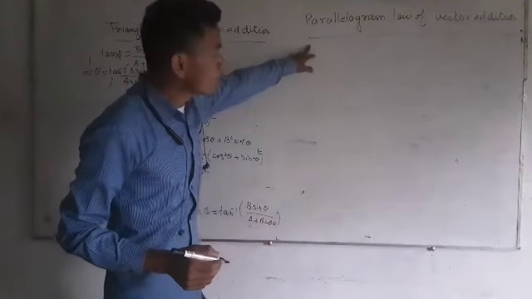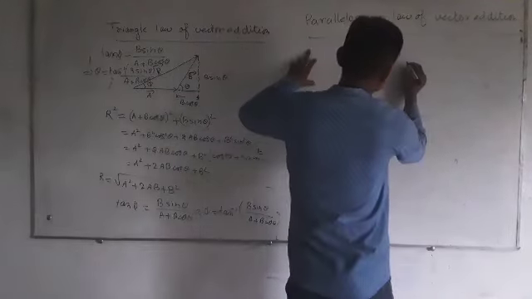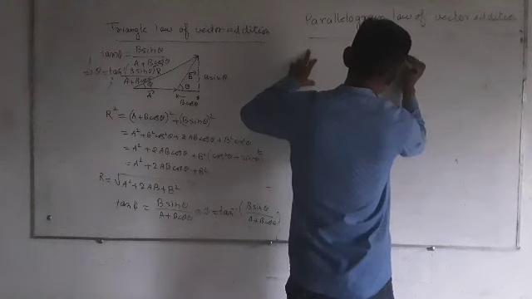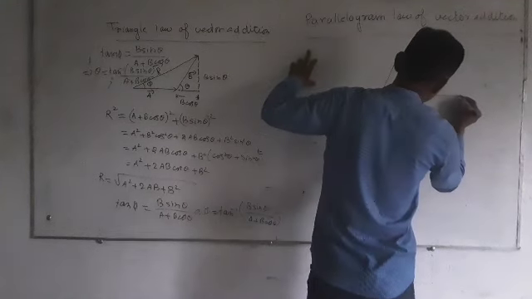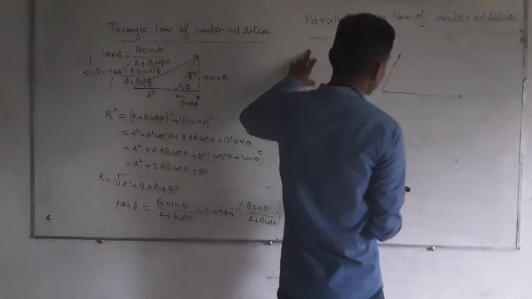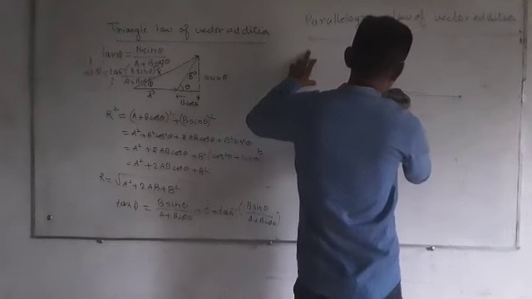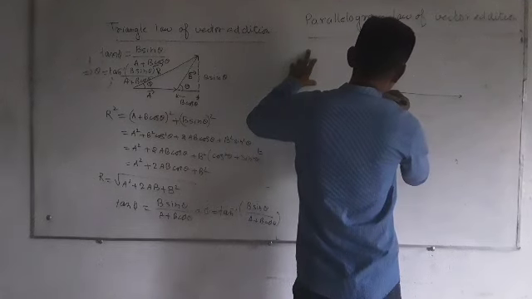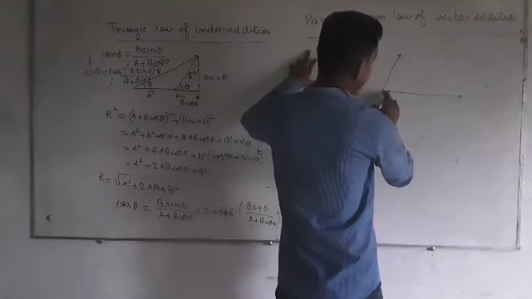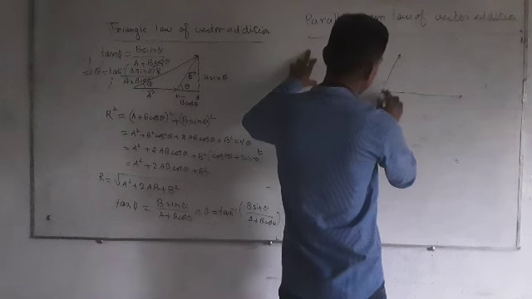According to the parallelogram law of vector addition, if two vectors form the adjacent sides of a parallelogram, then the resultant vector of the two vectors will be given by the diagonal vector drawn from the common point of the two vectors.